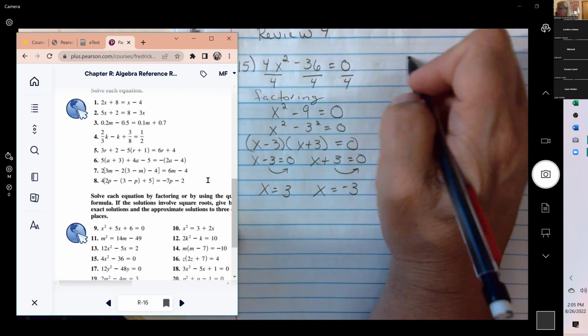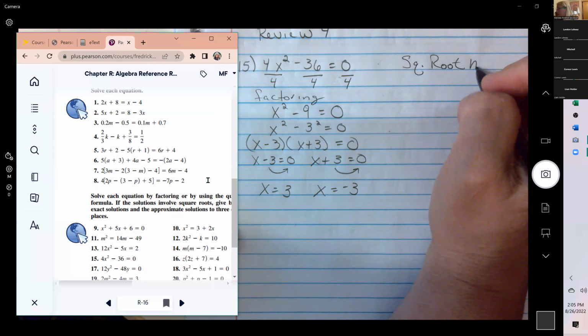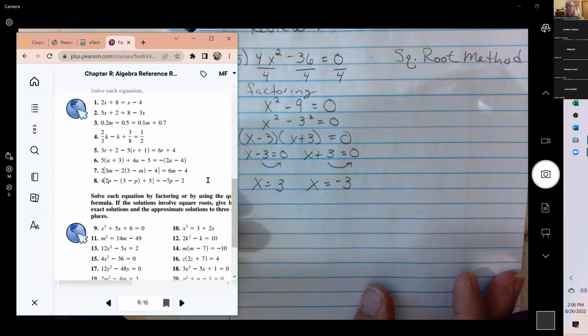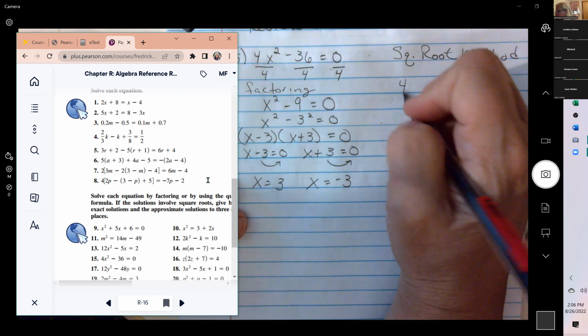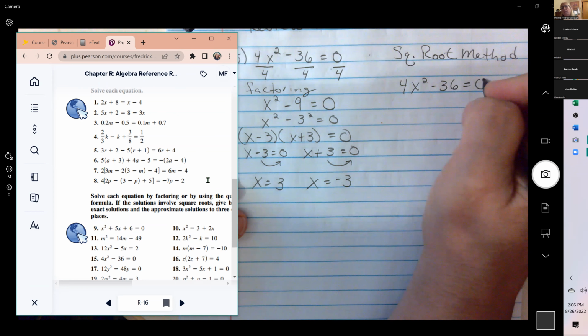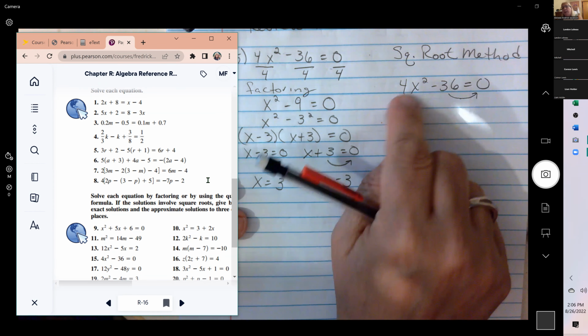There's also what's called the square root method. The square root method, you get the x squared by itself first. So if we had 4x squared minus 36 equals 0, we would add the 36 to the other side to get this by itself.